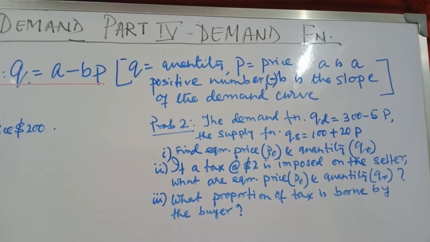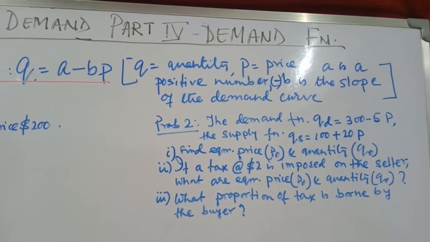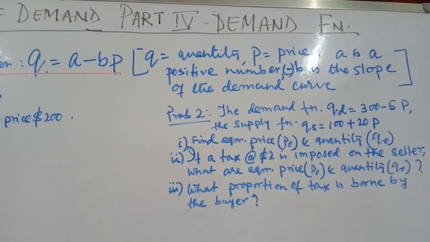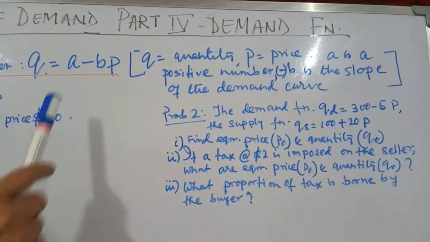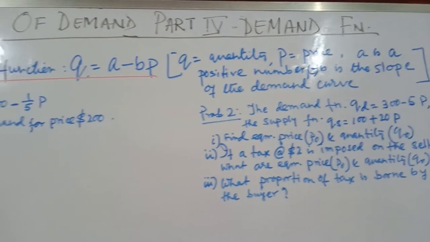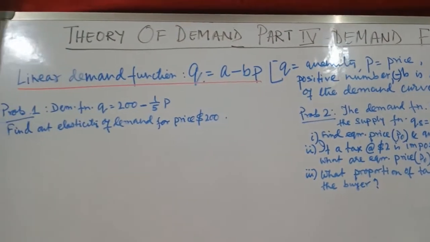Basically, B is the slope, that is tan of the angle between hypotenuse and base, and the negative sign indicates that the demand curve is downward sloping.